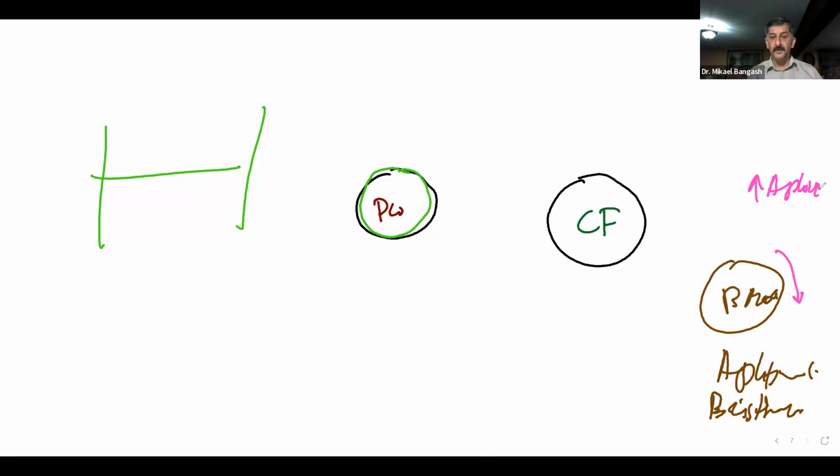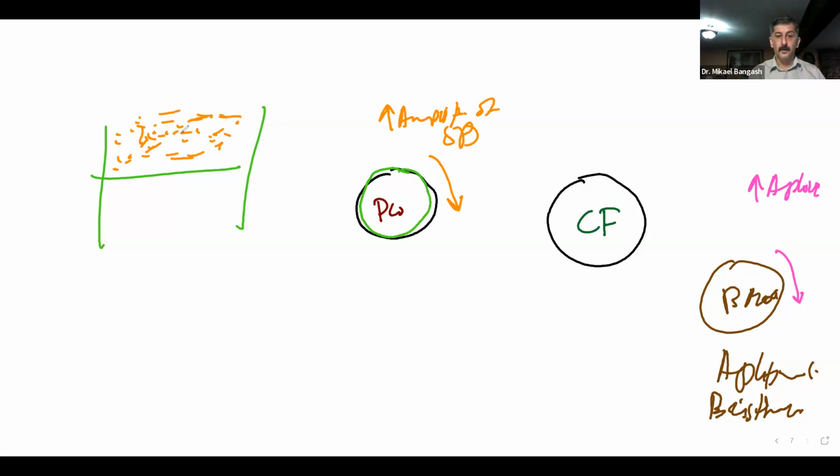So if we do the same over here, turn this one here clockwise, that is just going to increase the amplification of the spectral Doppler. And the whole background is going to get contaminated by noise.